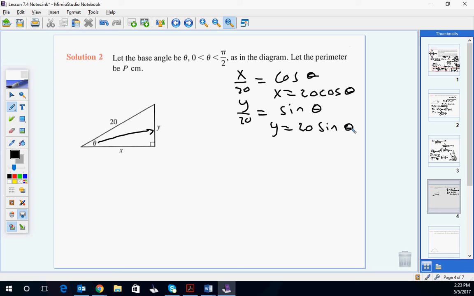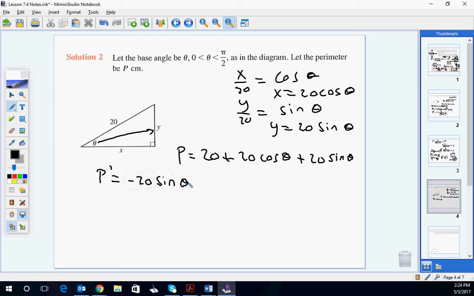So that means our perimeter is 20 plus 20 cos theta plus 20 sine theta. Then we're going to take the derivative of that. That's gone. That's going to be negative 20 sine theta plus 20 cosine theta.